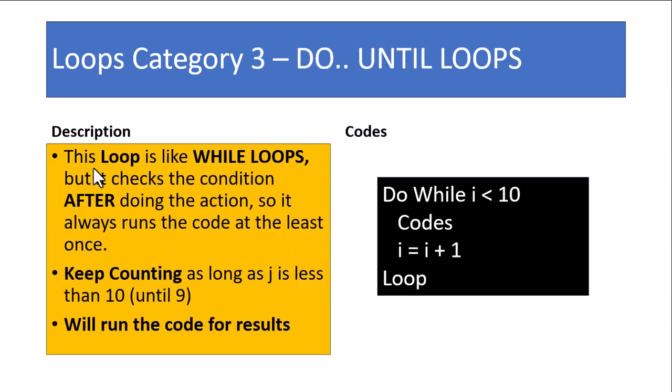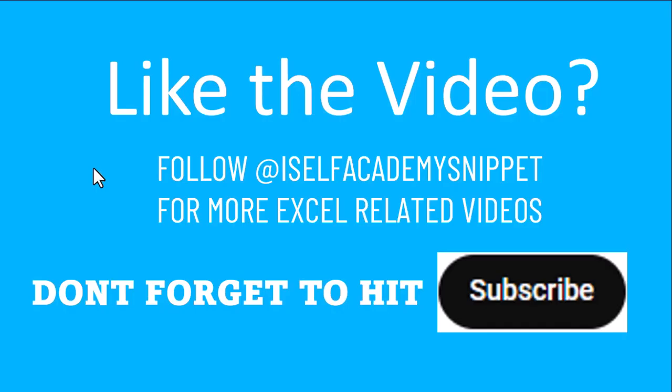And the Do While loop will go one step prior to it. The same looping will happen, but it won't go until 10, it will go less than 10. That means it will go from 1 to 9, or until 9 the counting will go on. So this is how we use our looping technique.